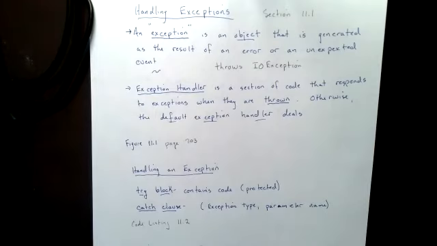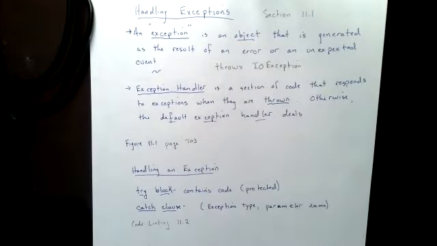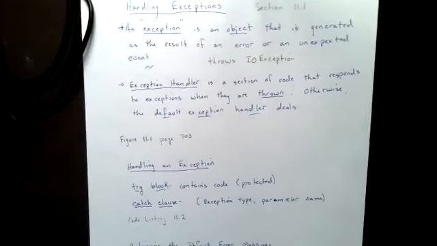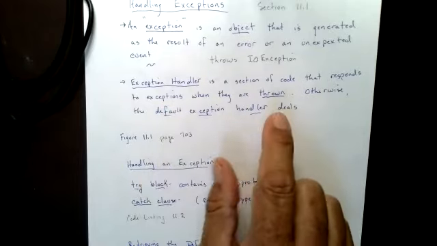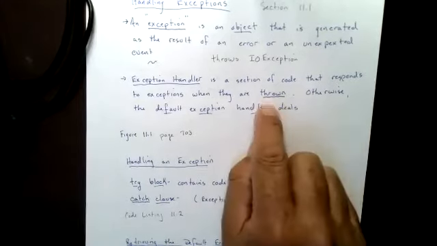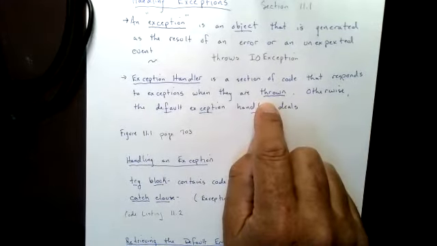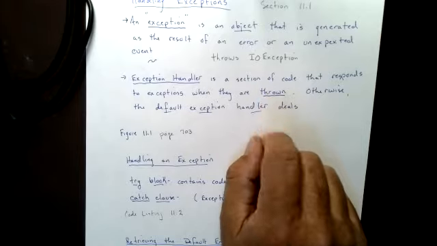When this exception happens, an actual object is created, and an object is part of a class. So when one of these exceptions occurs and the object is created, we throw that object. Now, where do we throw it? Well, that's going to be to something that's already predefined, or something that we create. And what we're going to take a look at today is throwing it into exceptions that are already defined.